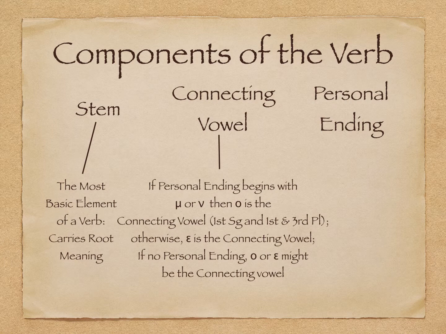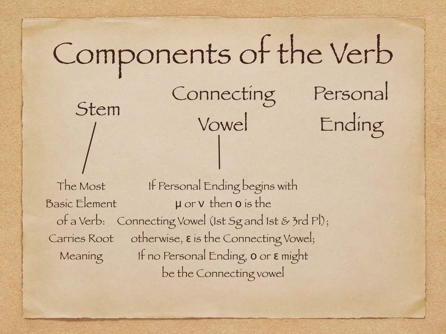The connecting vowel. Here we have our first beginning of nuance of meaning, and we need to memorize something. It corresponds with the idea of a personal ending, and we'll get to those in just a moment. If the personal ending begins in a mu or a nu, the letter that looks like M, or the letter that looks like a V, but it's actually a nu, and it carries the sound of N, then omicron is the connecting vowel.